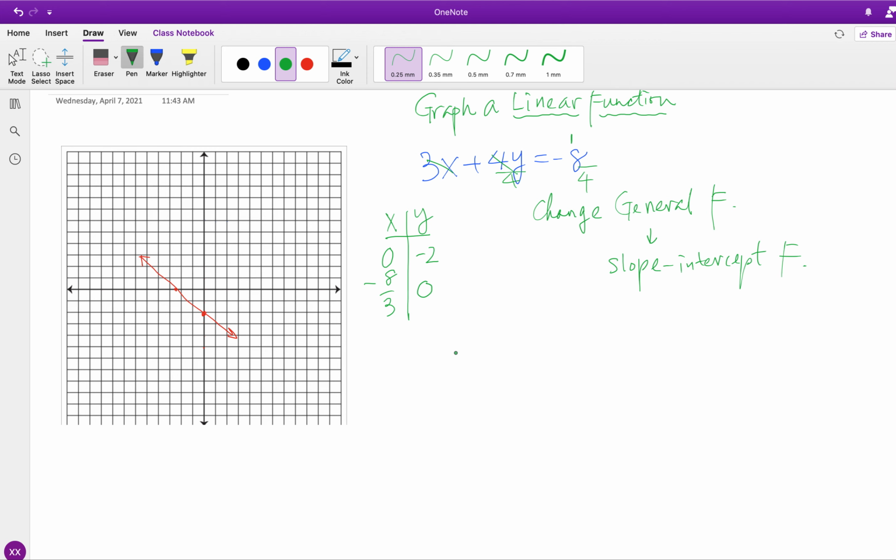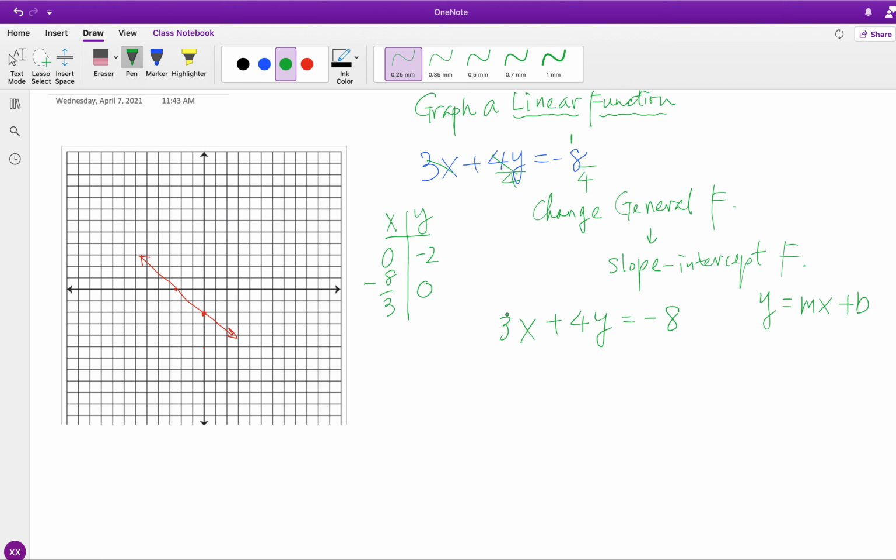All right, so I have 3x plus 4y equals -8. So note, slope-intercept form is y equals mx plus b. That means y is on its own on one side, and all the other terms on the other side.